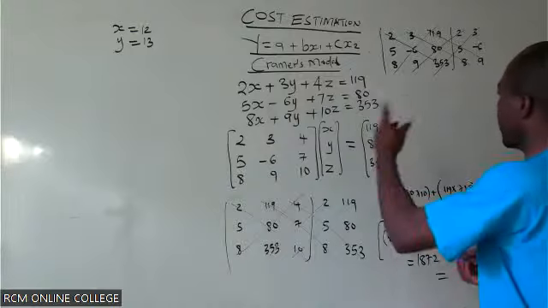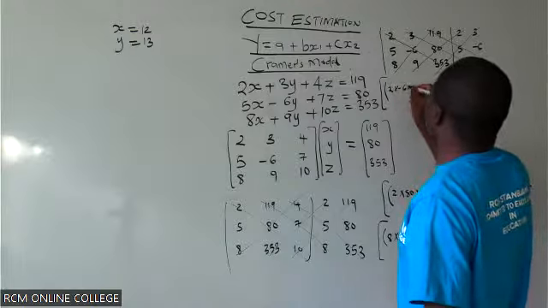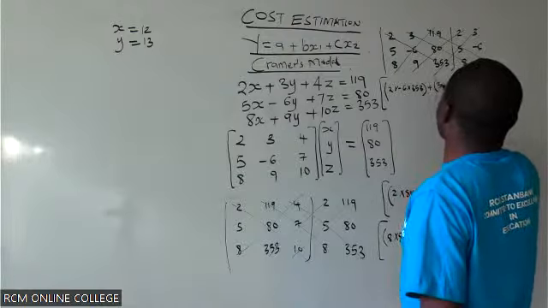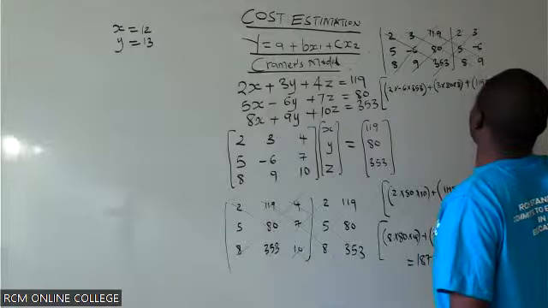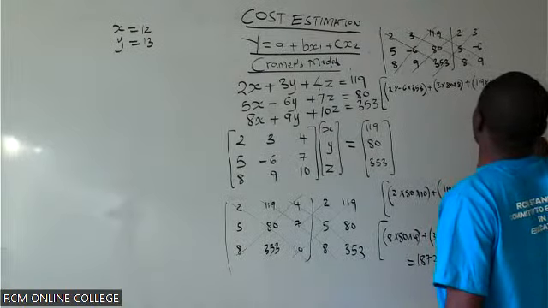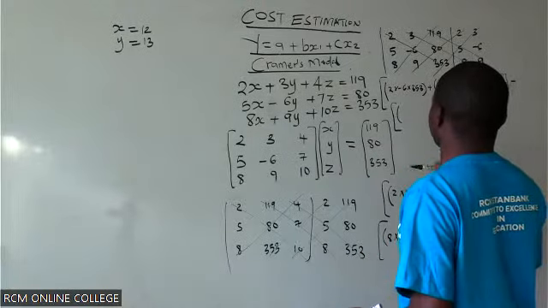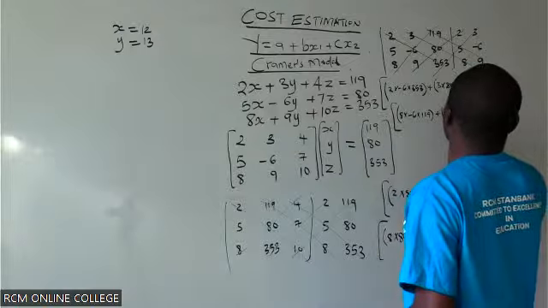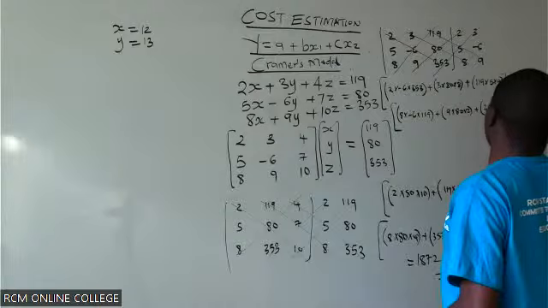So let's go ahead and get now this. I will have 2 by negative 6 by 353 plus 3 by 80 by 8 plus 119 by 5 by 9, all of that less 8 by negative 6 by 119, 9 by 80 by 2, 353 by 5 by 3.